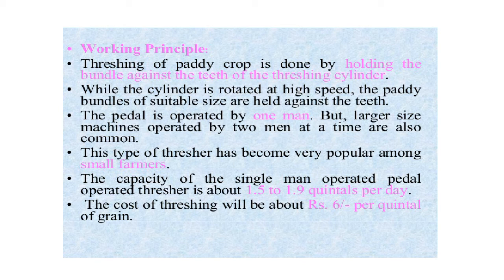This type of thresher has become very popular among small farmers. The capacity of the single man operated pedal thresher is about 1.5 to 1.9 quintals per day. The cost of threshing will be about 6 rupees per quintal of grain.